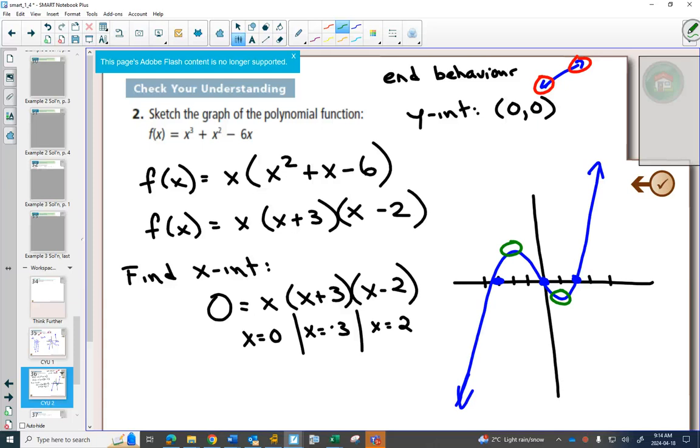If minus 2 and minus 1 were up here, you would say, I should have gone higher in my graph. And if you plugged in minus 1 and it was down here, like, oh, I should have gone lower. But for grade 12, they're okay if you have just your x-intercepts and y-intercepts and your end behavior correctly.